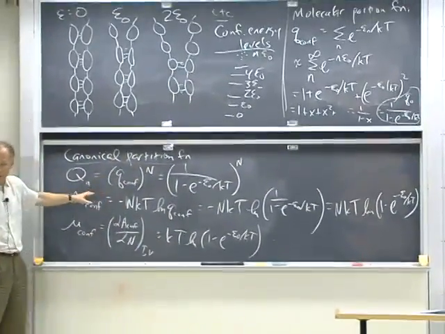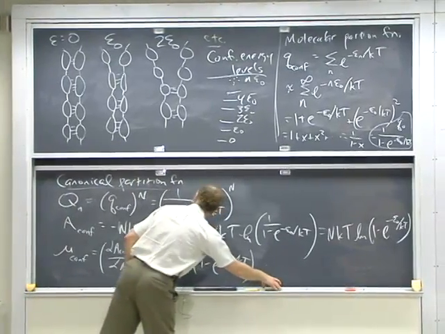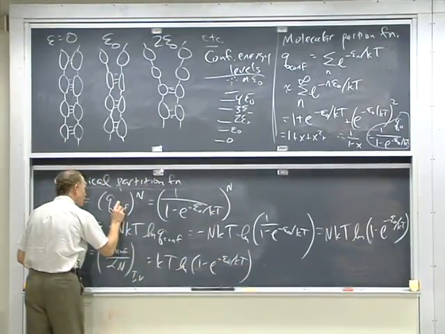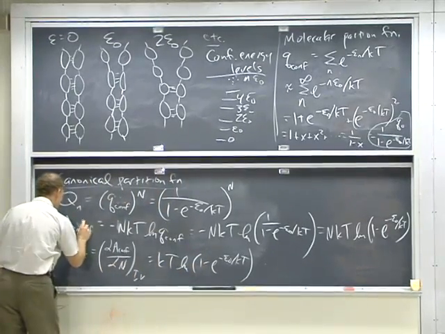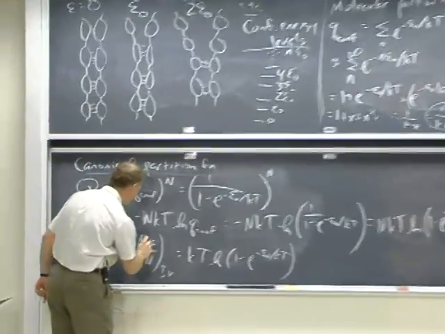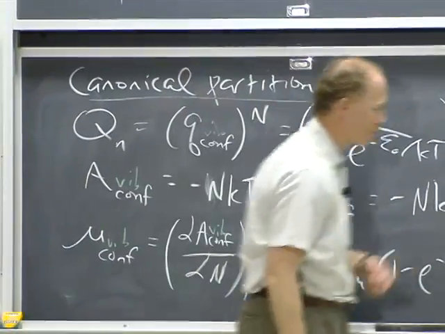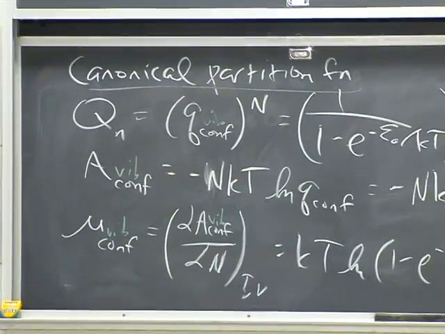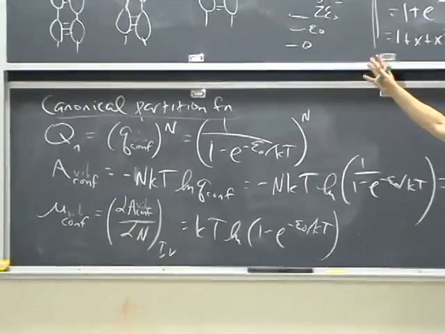So all the results that we've just seen apply not just for conformations of a polymer, but for vibrations of a molecule, right? So everywhere where it says configurational, you can just write in vibrational, and you'll still be right, because of course what matters is what are the states that are available to the system and what are their energies.